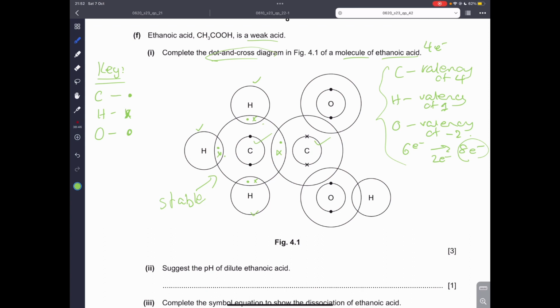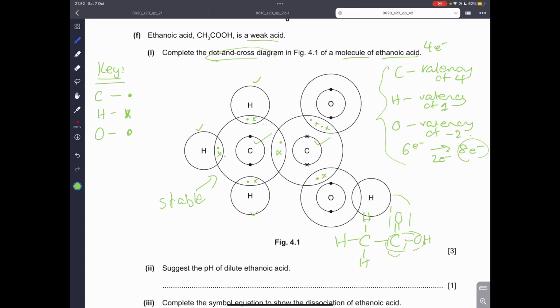Because if you write it down in the structural formula, it's going to look like this. There's going to be one double bond and another single bond on carbon with oxygen. So it's really important to know that a double bond exists and a single bond exists as well.